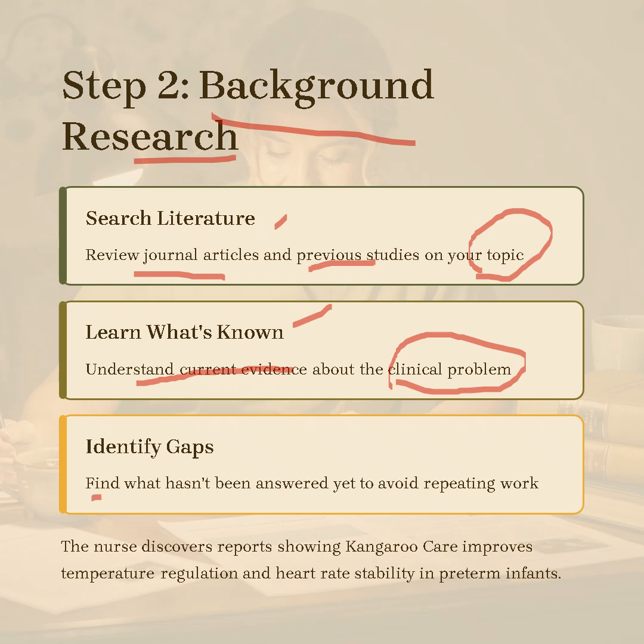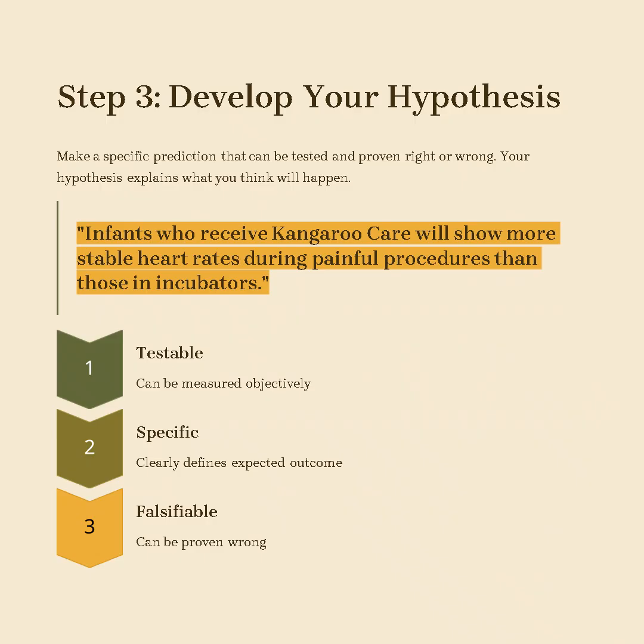And then she identifies the gaps, finds what has not been answered yet to avoid repeating work. So the nurse discovers reports showing kangaroo care is improving temperature regulation as well as heart rate stability in preterm infants. Let us see what this nurse is going to do next.